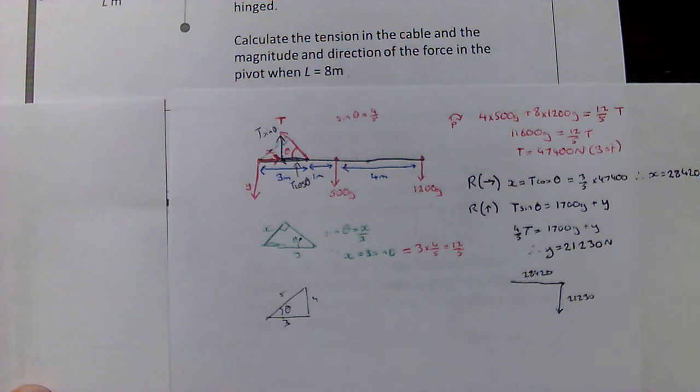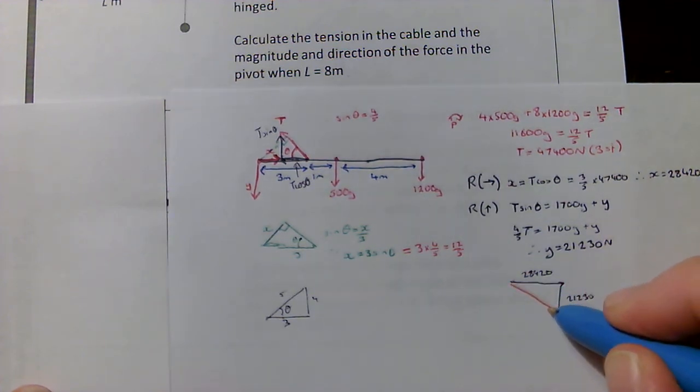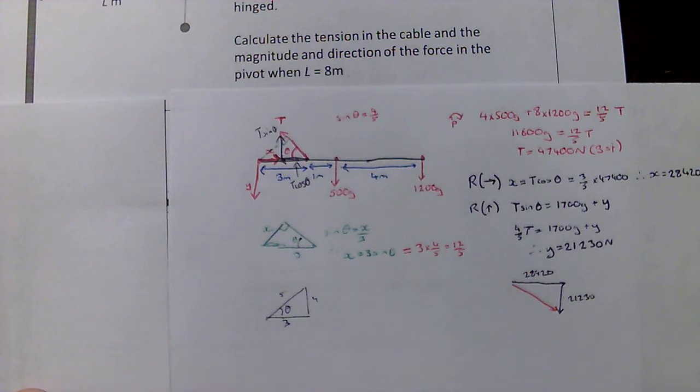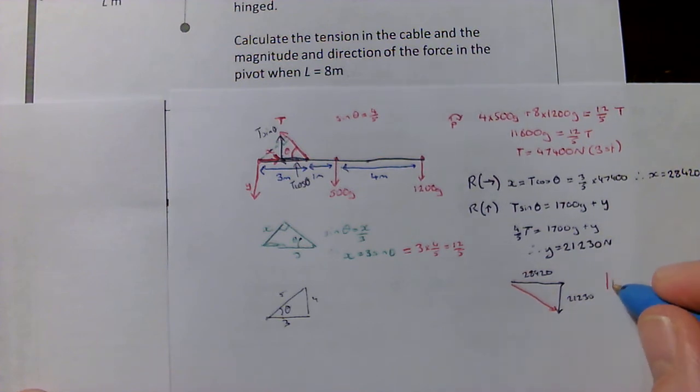I'm going to need to find the hypotenuse, so I square them, add them together, square root. And it gives me an answer of 35,500. So the magnitude of the force is 35,500 newtons.